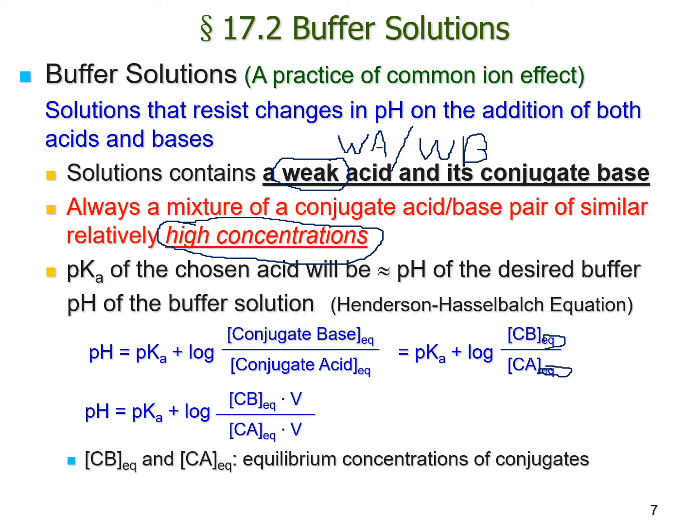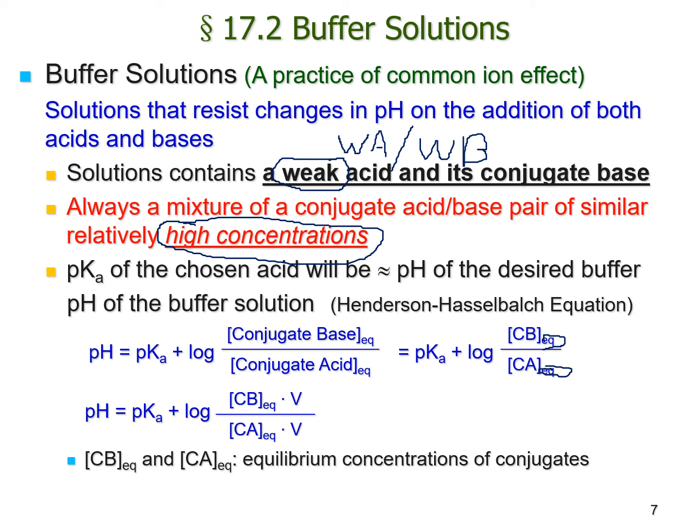So from that HH equation, we got the log of Cb over Ca. According to the math, if we multiply V on the top and the bottom, V is going to cancel, right? So mathematically speaking, nothing's going to change. But in chemistry, it changes a lot.